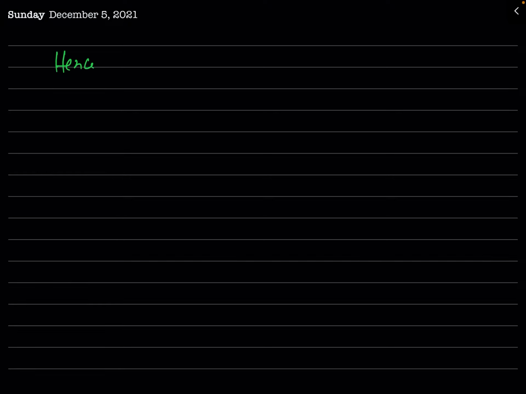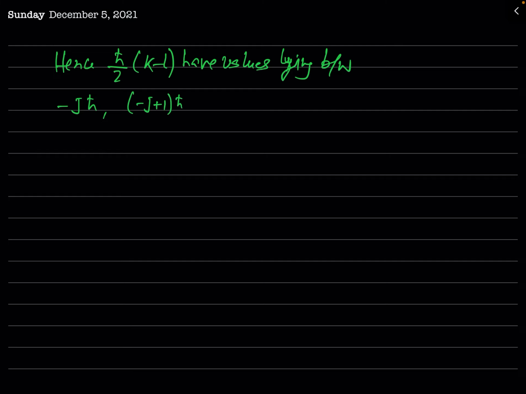Hence, h bar by 2 times k minus L have values lying between minus jh bar, minus j plus 1 h bar, and so on, minus h bar, 0, h bar, and so on, j minus 1 h bar, and jh bar.